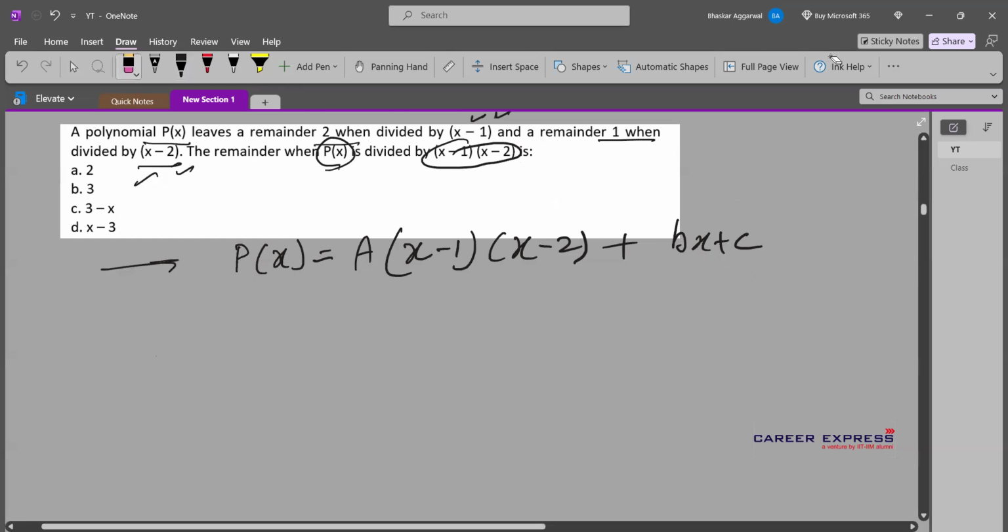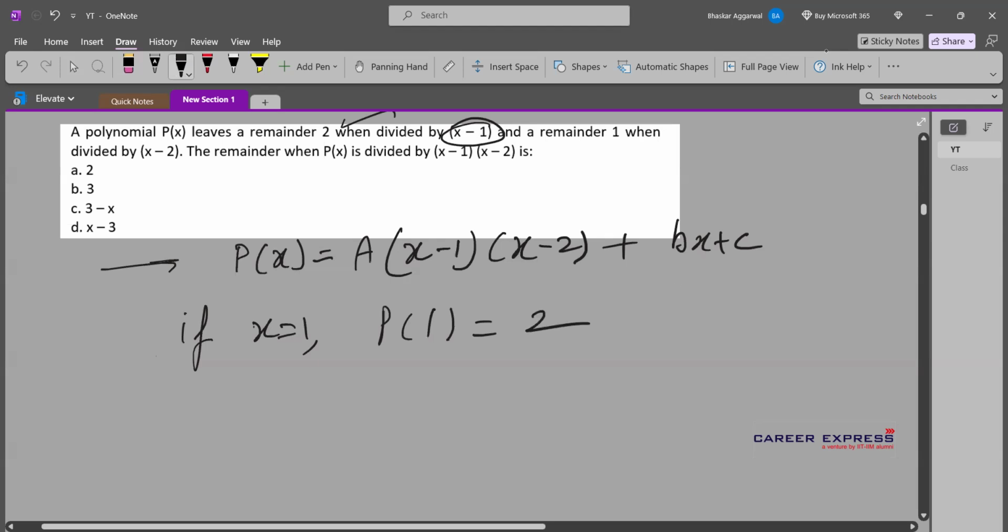Now the given information says when this polynomial is divided by x minus 1, we get remainder 2. That means if I put x equal to 1, P(1) should be equal to 2. That is the remainder. So this is from the remainder theorem.